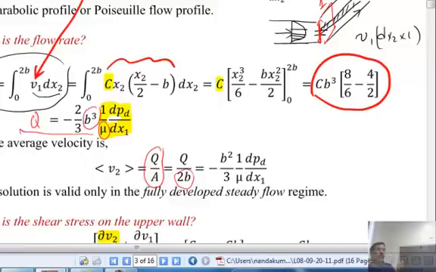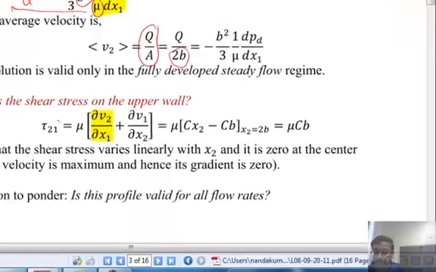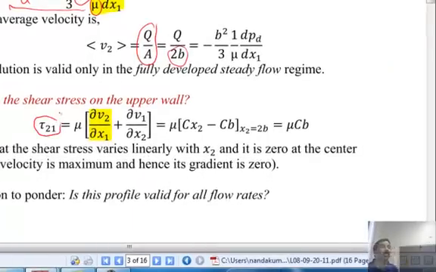Okay, so we have analyzed the Navier-Stokes equation, simplified it, set up the boundary condition, solved that to get the velocity profile, and then we are able to get the flow rate, and we are able to get the shear stress on the wall. So if I'm interested in the shear stress on the wall, I need to decide which component of the shear stress is appropriate for this case.